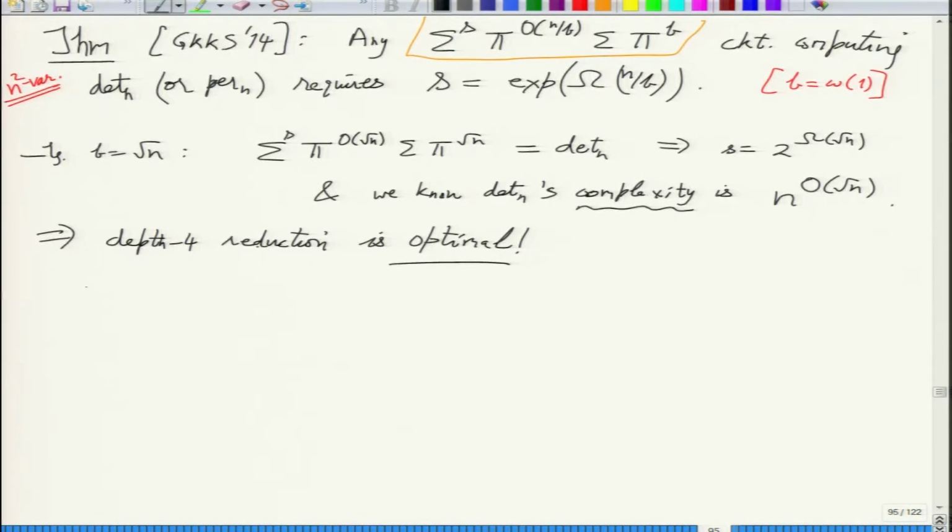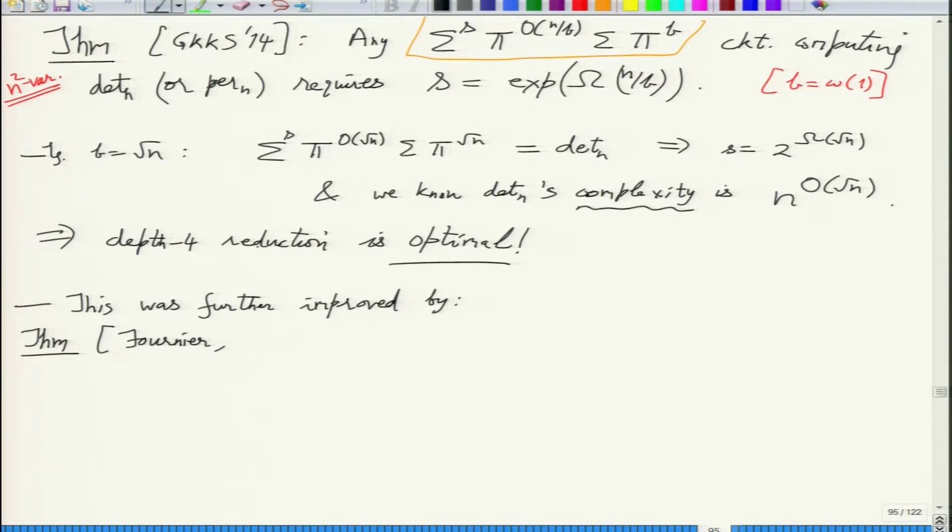followed by many others. In particular, this was further improved by a result where the polynomial was changed.